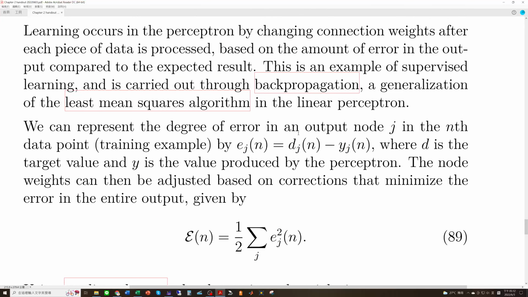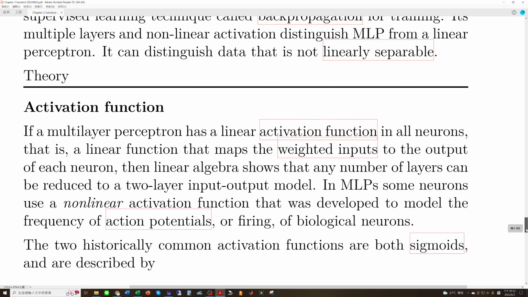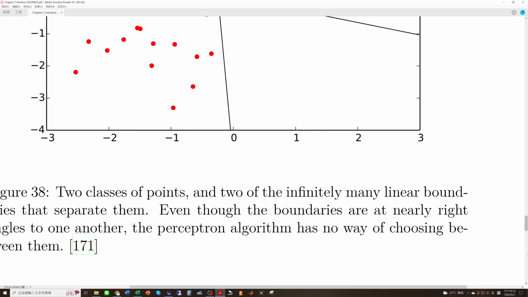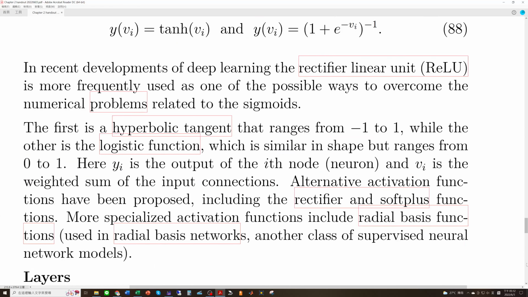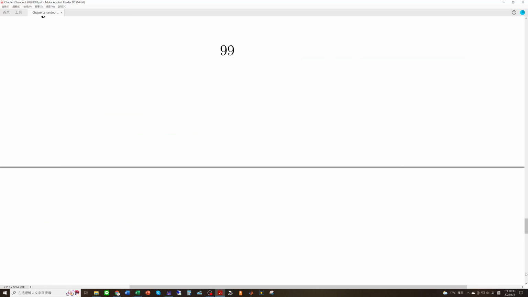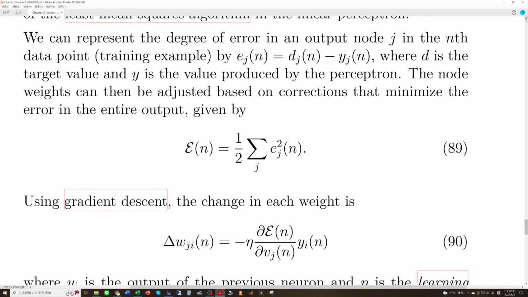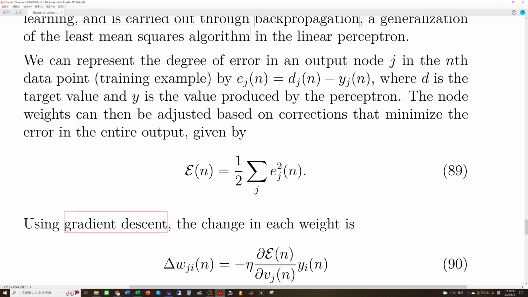The meaning of j is the output node j, and i is the ith node, that is, the ith neuron. And n denotes the nth data point or training example.